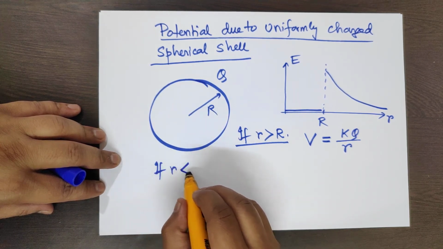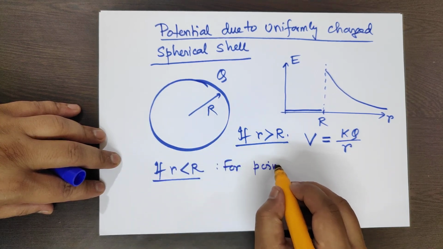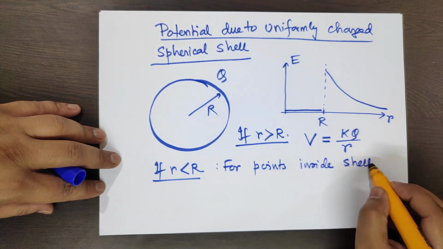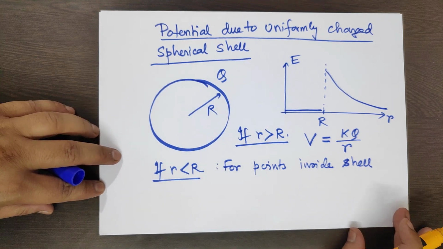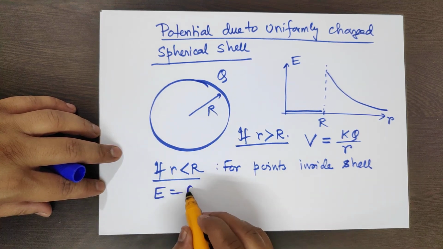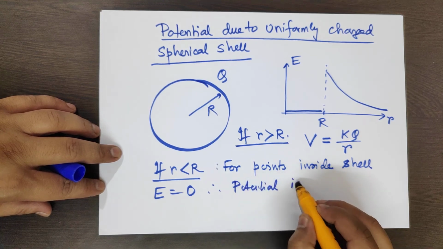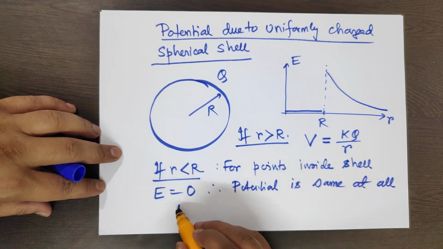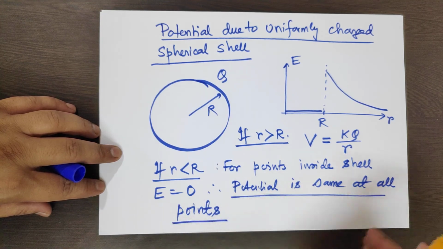Now if r is less than R, that is for points inside the shell, what happens? Inside the shell the field is 0, therefore the potential is the same at all points. If the field is equal to 0, then potential is the same at all points.